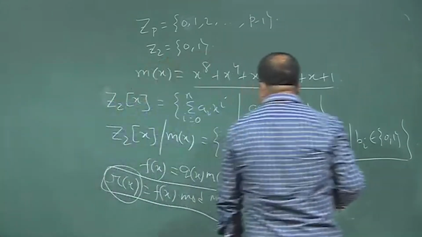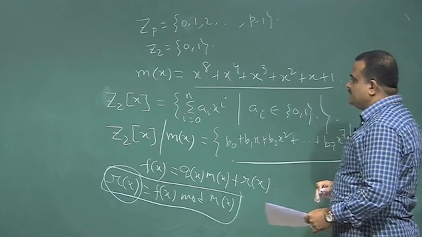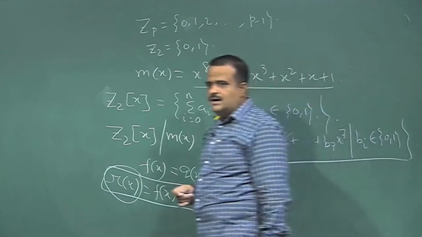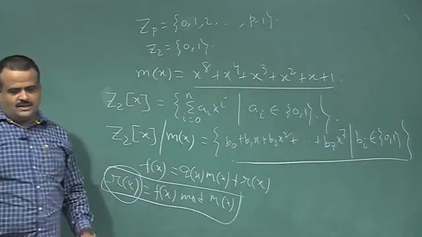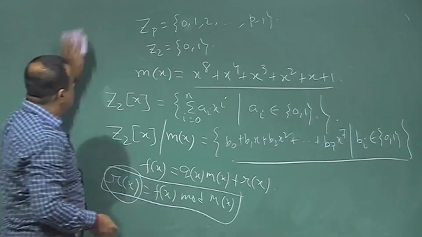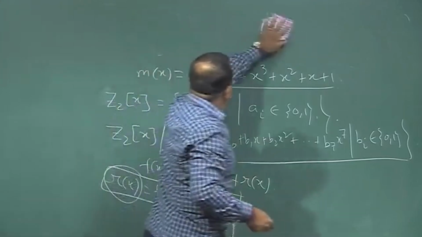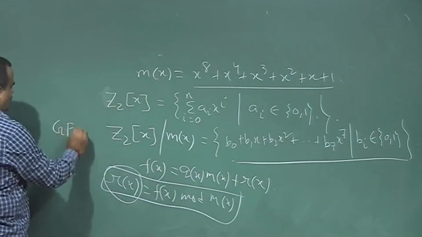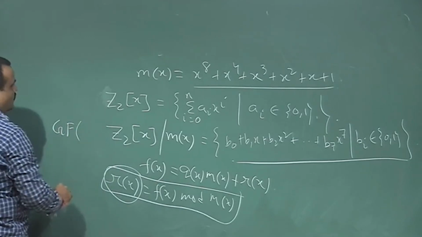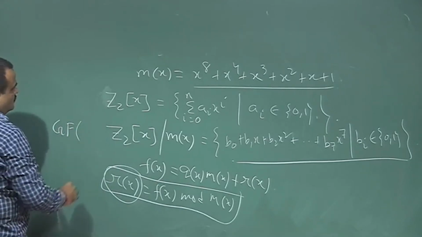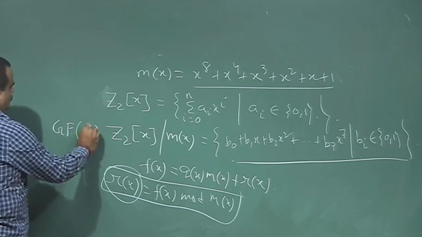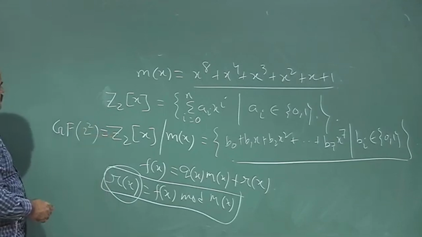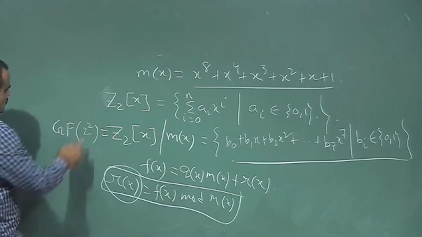Now, it can be shown that this polynomial set will form a field under polynomial addition and multiplication, and we denote it by GF, the Galois field, GF 2 to the power 8.